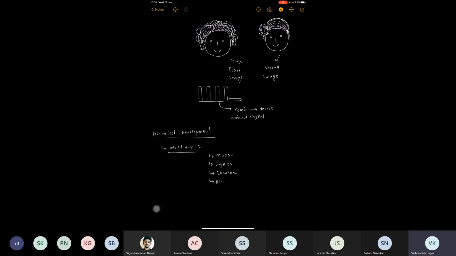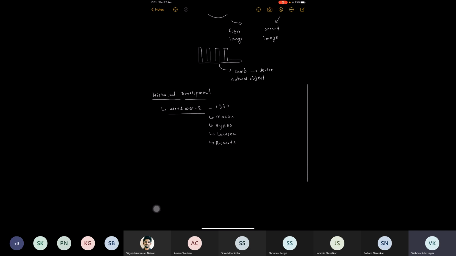These are the names of the research people who started the development of RF filter circuits during World War II. It is around 1930, you can say. The first development of the RF or microwave filter took place in the year 1930 by a group of people collaboratively working: Mason, Sykes, Lawson, and Richards.